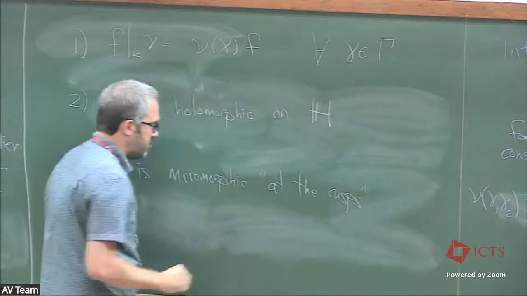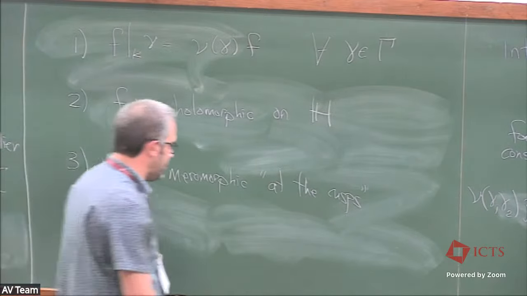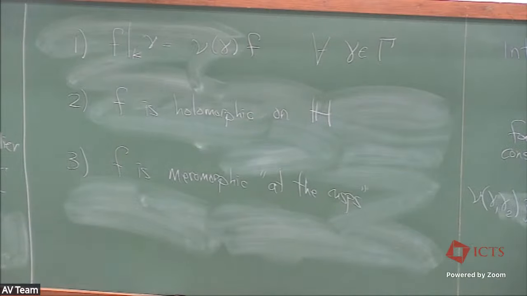I'll put that in quotes because I haven't defined what that means, and I'm going to explain in a second. When we talk about harmonic Maass forms, we're going to generalize number two and number three. Okay, so let me tell you what it means to be meromorphic at the cusps.